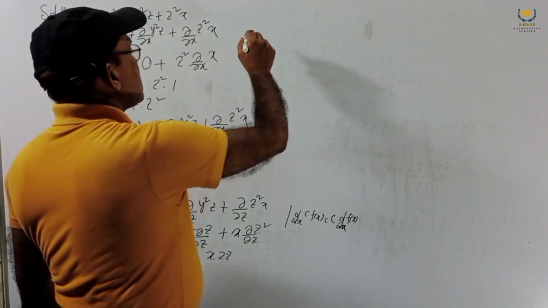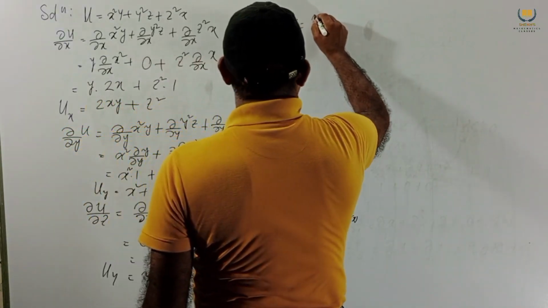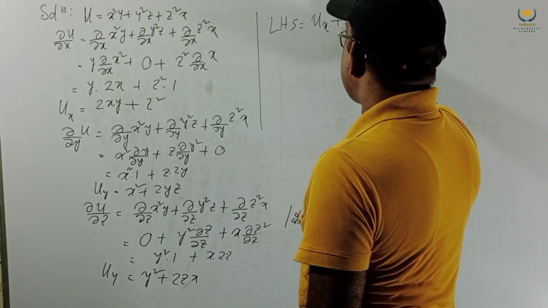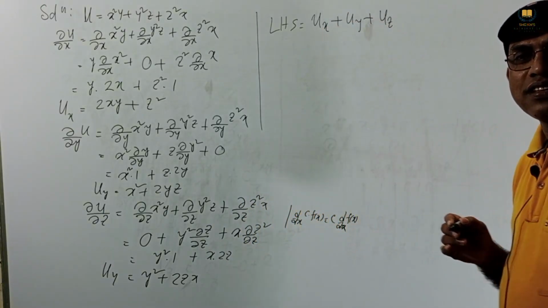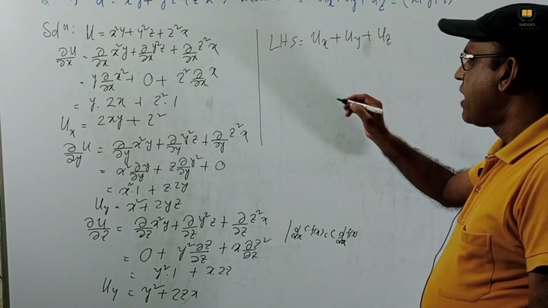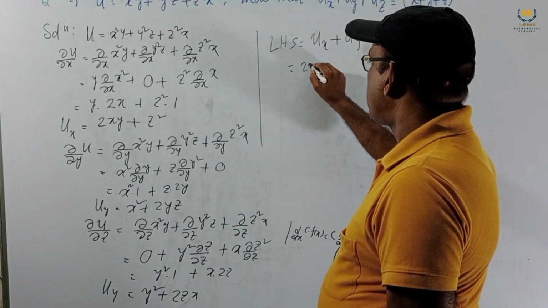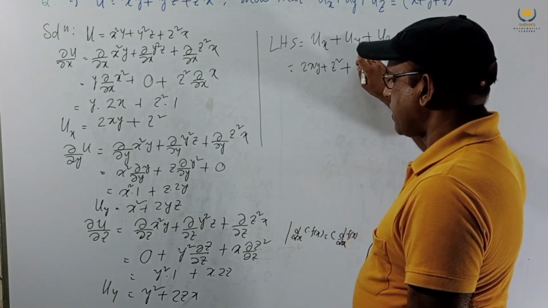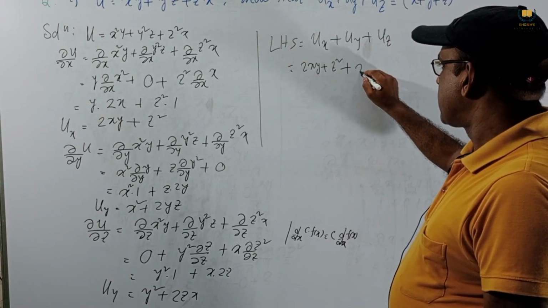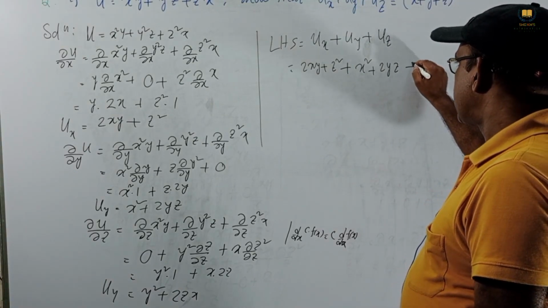Now taking left hand side. In our left hand side we have ux plus uy plus uz. Ux means we get 2xy plus z square. Uy means x square plus 2yz.